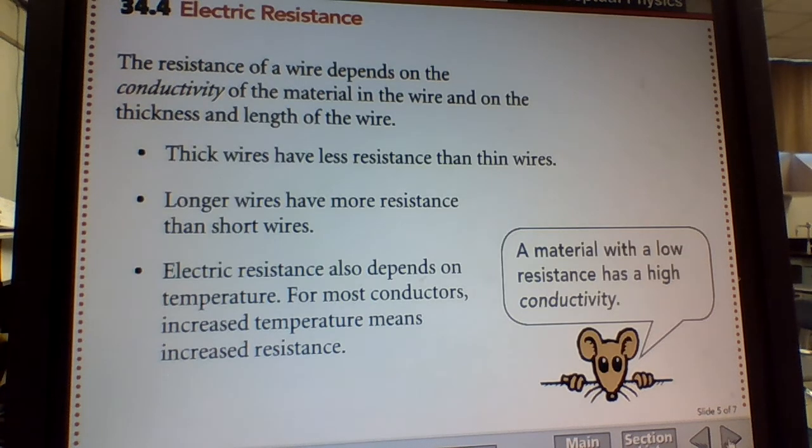So resistance of a wire depends on conductivity of the material in the wire. One thing to look at is your periodic table. Some of the best conductors we see are in the column where we see copper, silver, and gold. Silver and gold happen to be two of the best conductors around, but they are very valuable substances for other things.